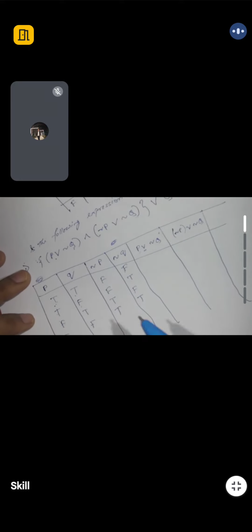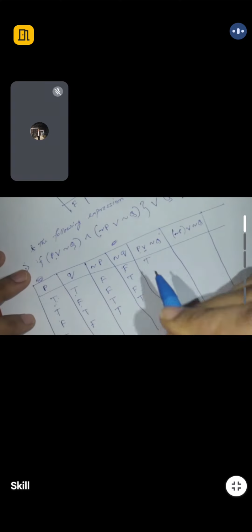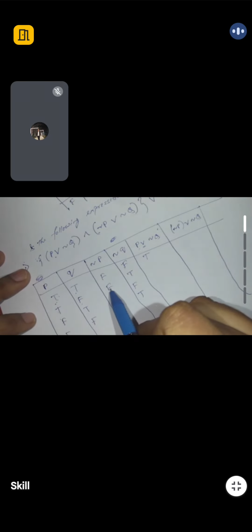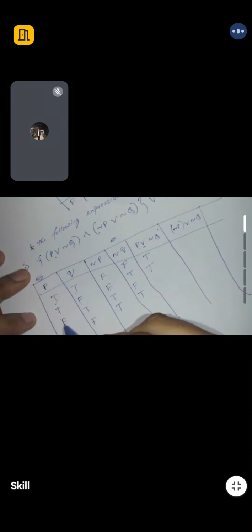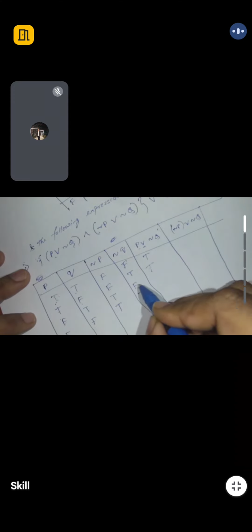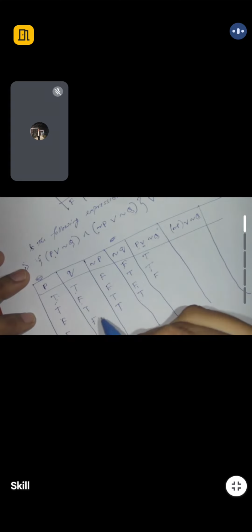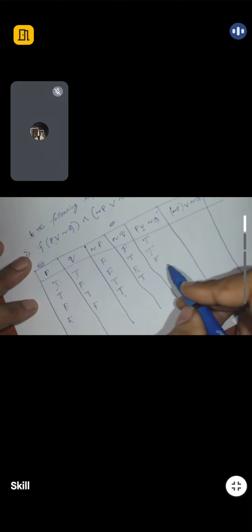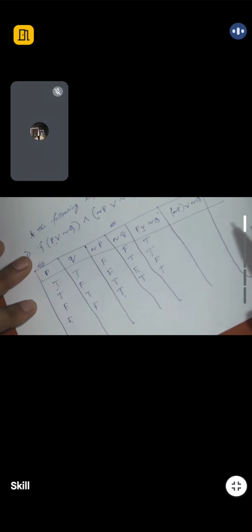So 1 plus 0 is equal to 1, so that is true. Similarly true, then false, then true, then false and false: 0 plus 0, so it will be false. Similarly, false true: 0 plus 1 is 1, so we will write true.